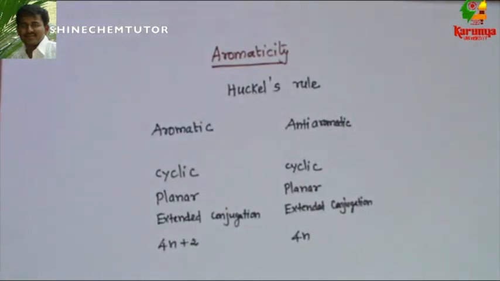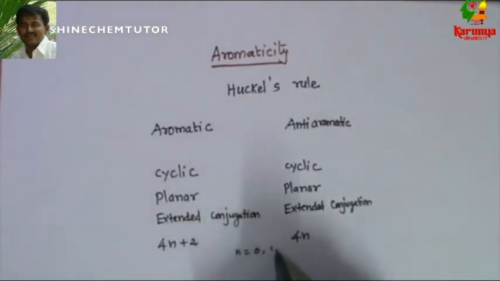So the difference between aromatic and anti-aromatic is only the number of electrons. In anti-aromatic, it is 4n electrons. In aromatic compounds, it is 4n plus 2 electrons, where n may be 0, 1, 2, and so on.